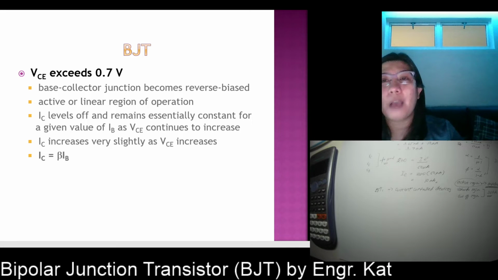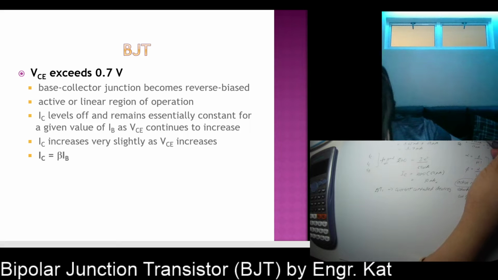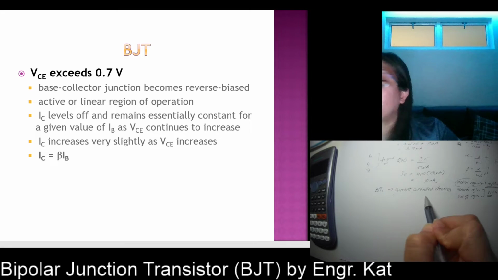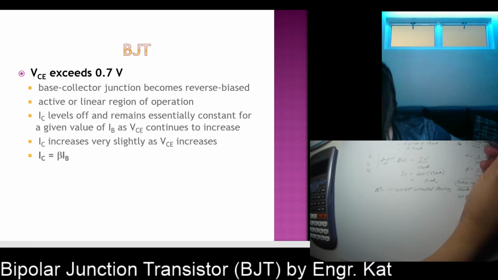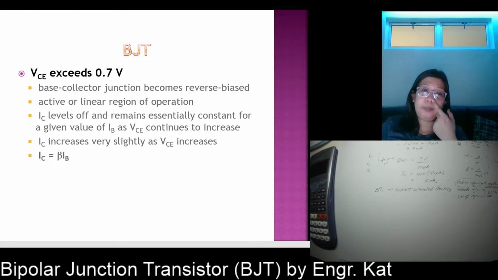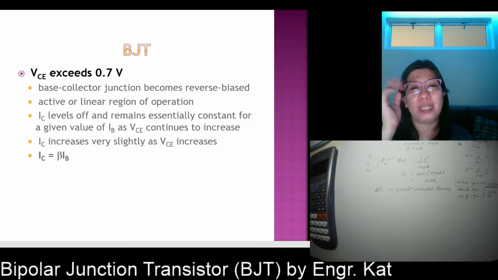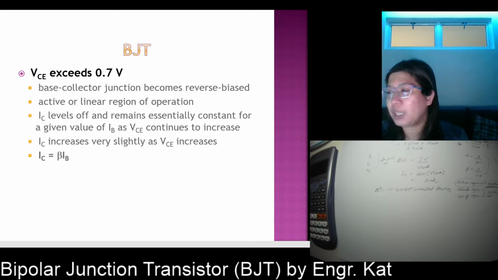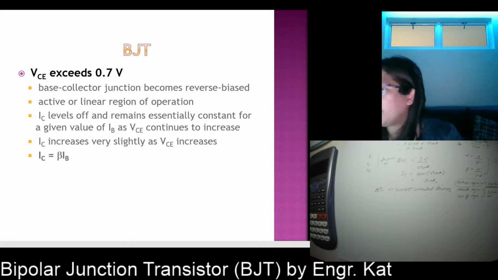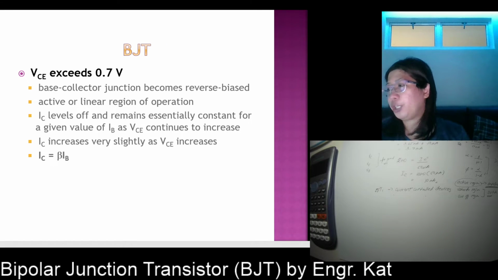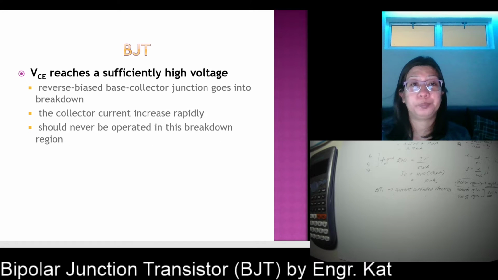So which affects IC then? Only IB. Okay, only IB affects IC. So what is IB? IB is a current. Therefore, BJTs are current controlled devices. Why? Because IB controls your IC. Whatever happens to your IB will have an effect on your IC. So that is the active region, where your transistor is operating as an amplifier.